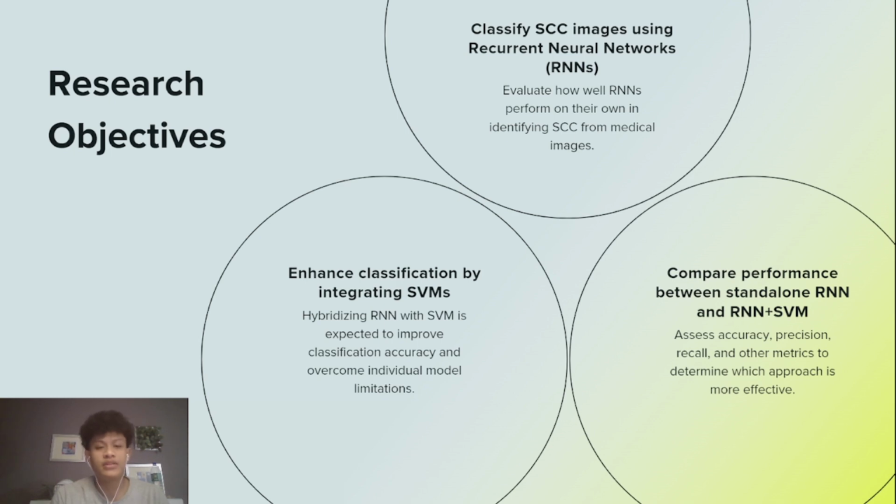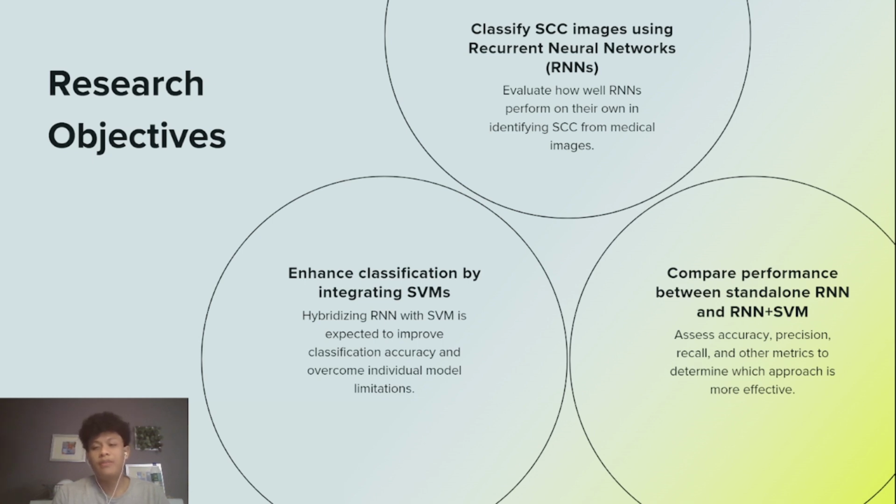The next one is enhanced classification by integrating SVM. Hybridizing RNN with SVM is expected to improve classification accuracy and overcome individual model limitations.